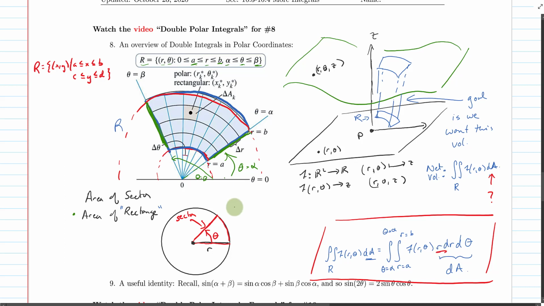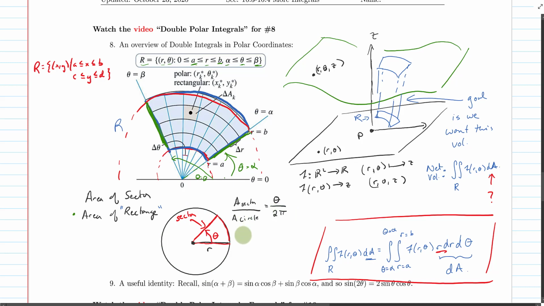So if you don't know the area of a sector, what we could do is say that the area of the sector of the circle should be in proportion to the area of the entire circle, as the angle of the sector, theta, is in proportion to the angle used in constructing the entire circle. So there's a proportion there. What angle is required to construct an entire circle? The answer is 2 pi.